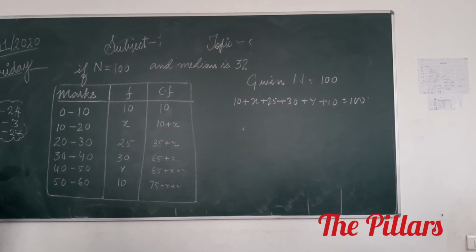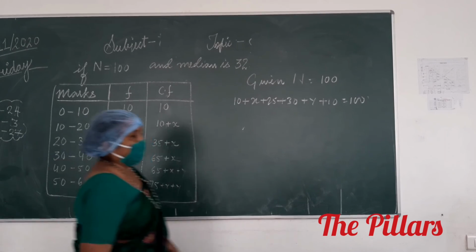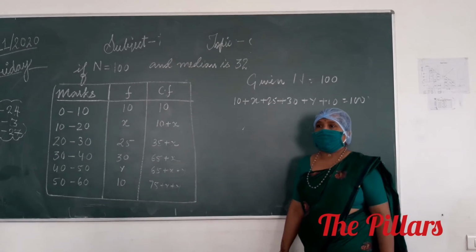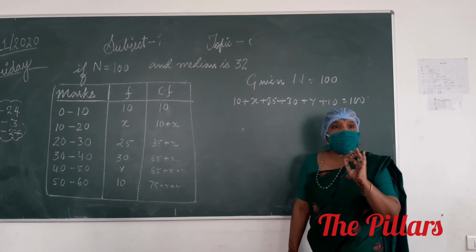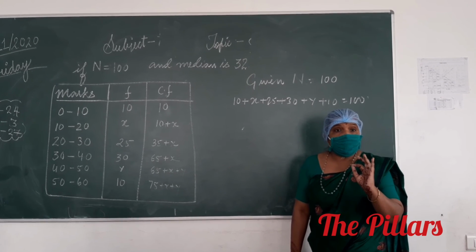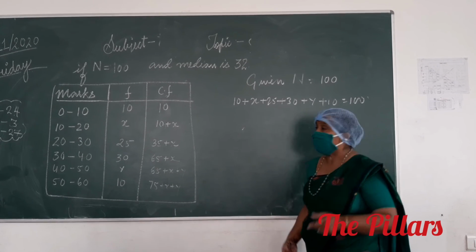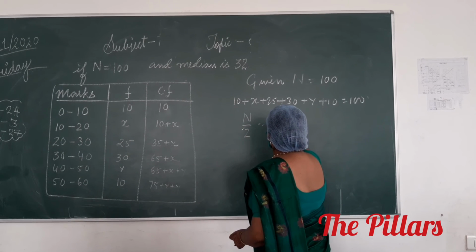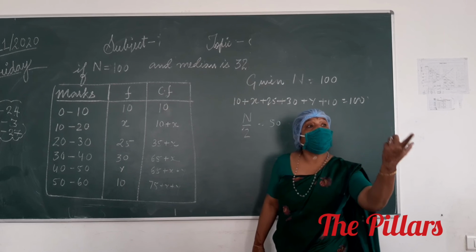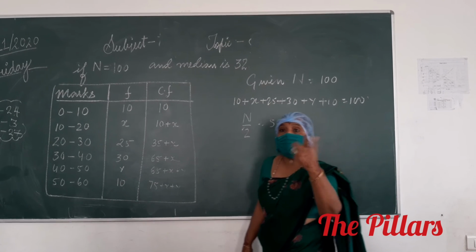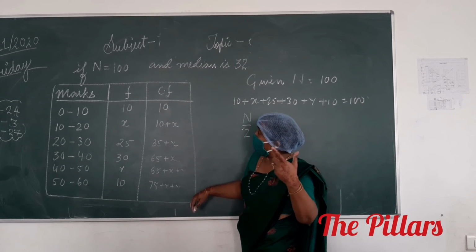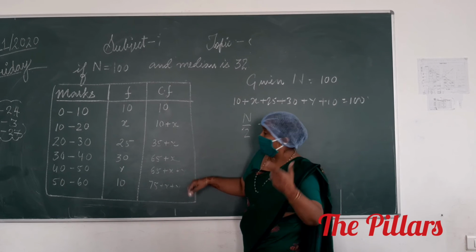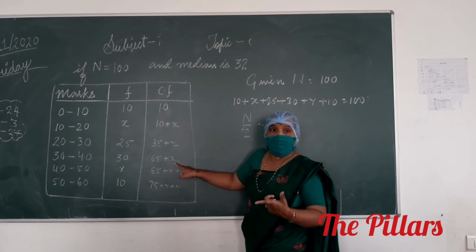Now, look here. We have to choose the median class. How should we choose the median class? N by 2. What is our n by 2? 50. We look for the cumulative frequency more than 50.